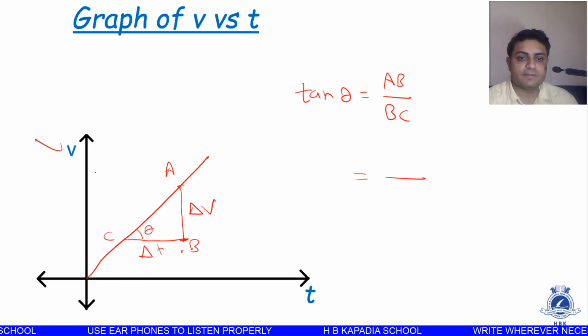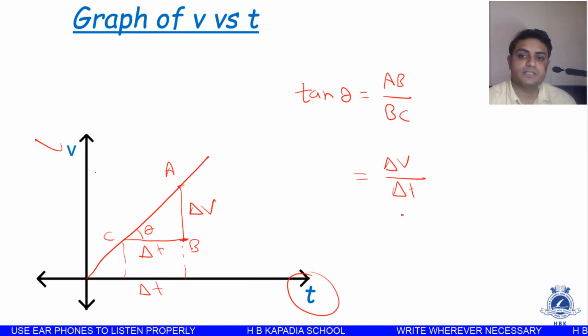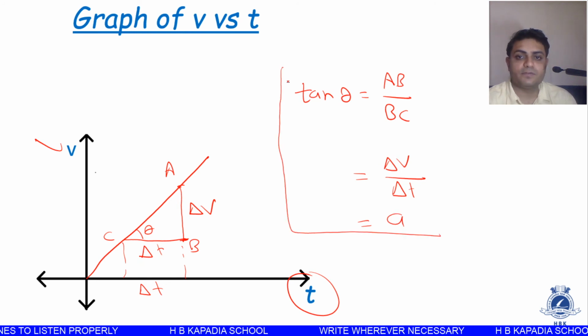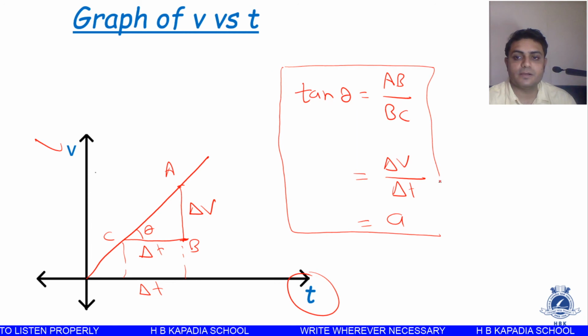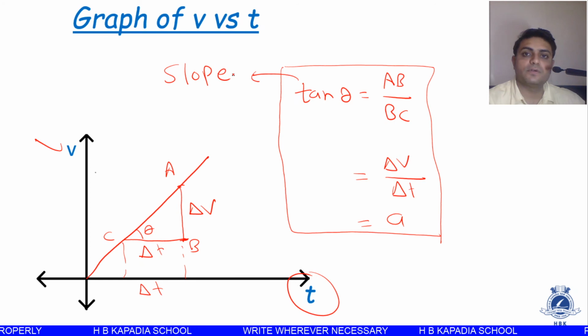This is the time axis, so this is the change in time. So this will be delta V by delta T. When there is a change in velocity with respect to time, we know that it's called acceleration. So we'll get a. So the graph of v versus t gives the information about acceleration. This tan theta itself is called slope. So if we find the slope of the graph of v versus t, we will get the information about acceleration.